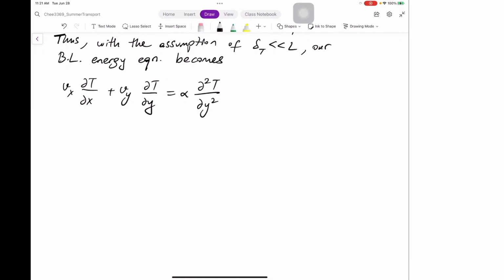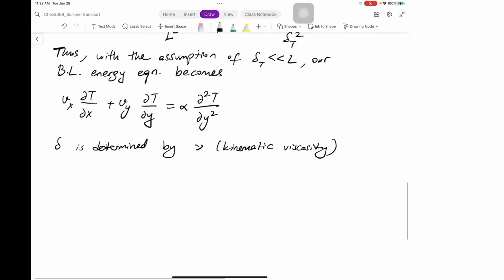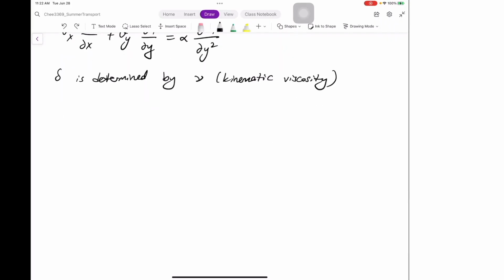From our previous analysis for the momentum transport, delta was determined by nu, the kinematic viscosity, right? But in this equation, we have alpha instead of nu, right?